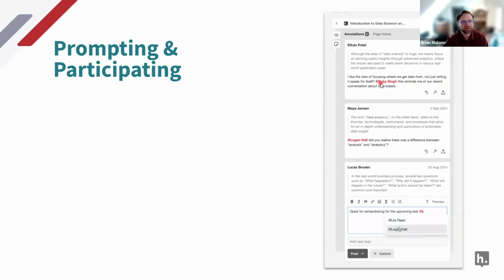So this one says, Ruby, this reminds me of our recent conversation about data biases. And so, yes, we now have the feature enabled where students can @mention you and each other. We're hoping that adds a new layer of conversation here.